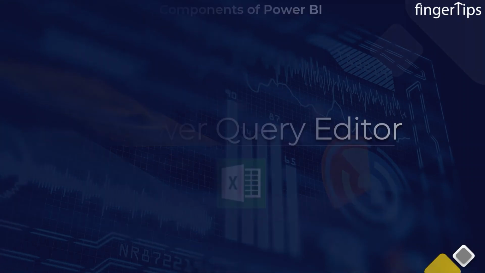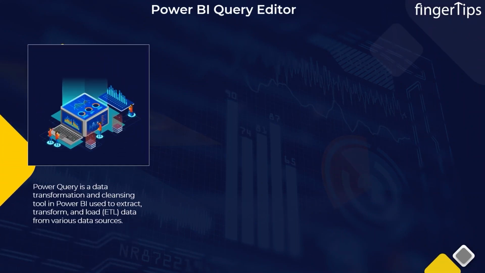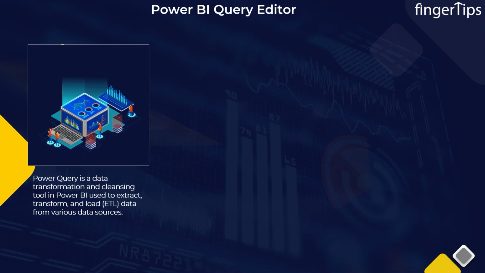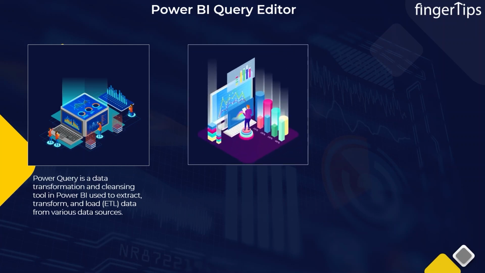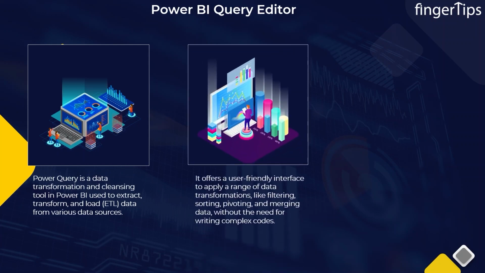Power Query is a data transformation and cleansing tool in Power BI to extract, transform and load the data from various data sources. It offers a user-friendly interface to apply a range of data transformations like filtering, sorting, pivoting, and merging the data without the need for writing complex codes.